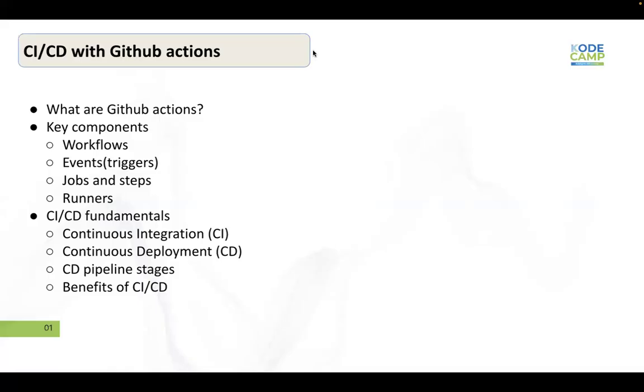Let's say we are about 100 people from different countries and regions contributing to a code base. You want to ensure there's uniformity, and that the coding styles, linting, and everything is uniform. That's where CI/CD comes in.